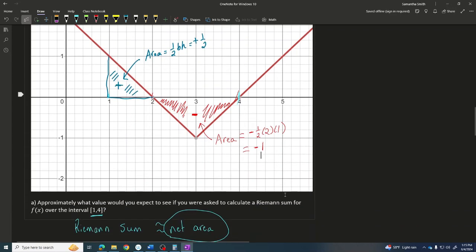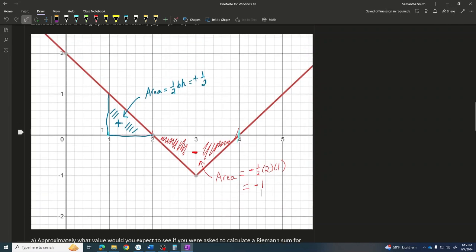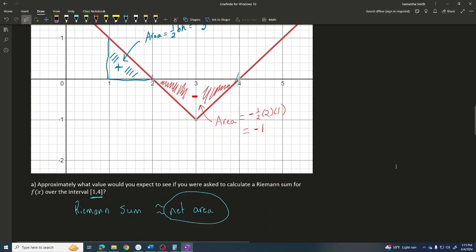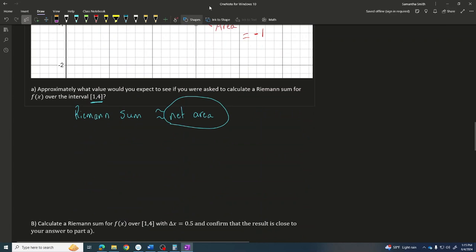Now, if I want to find the net area, all I have to do is combine this positive area and this negative area and allow those two answers to cancel each other out. The net area is a combination of the positive area with its positive sign and the negative area with its negative sign.